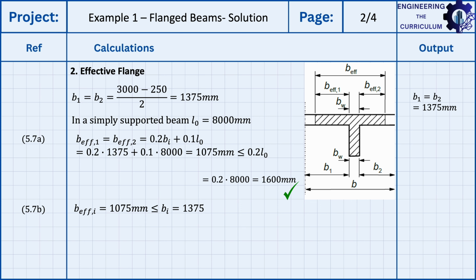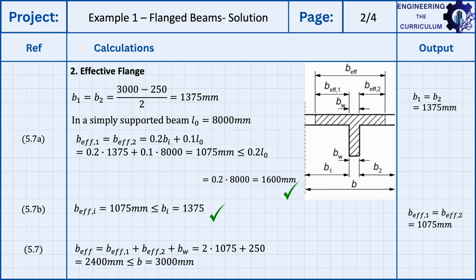And as we can see here, what we calculated, 1,075, is indeed smaller than B1 and B2, which are 1,375. And the last thing we need to do is calculate the full effective flange, which is the width of the web plus the width of each effective flange from each side. So B effective 1 and B effective 2, which in this case are equal.